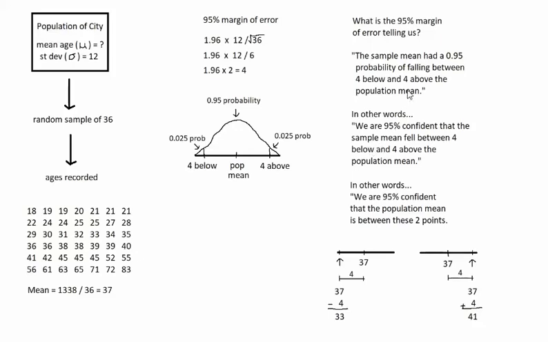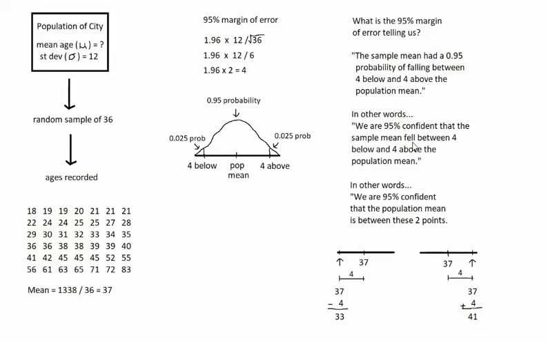That's because if we know that this had a 0.95 probability of happening, or a 95% chance of happening, we're 95% confident that it did happen. So probability and confidence go hand in hand. In other words, since the sample mean had a 0.95 probability of coming out somewhere between these 2 points, we're now 95% confident that that did happen.